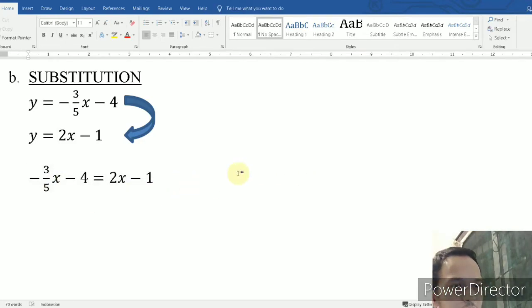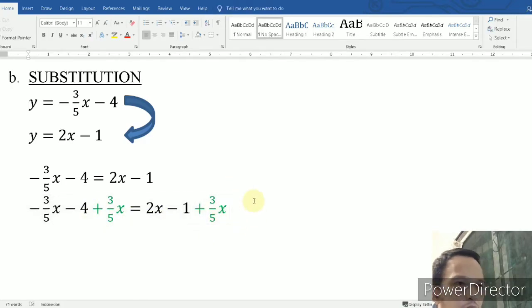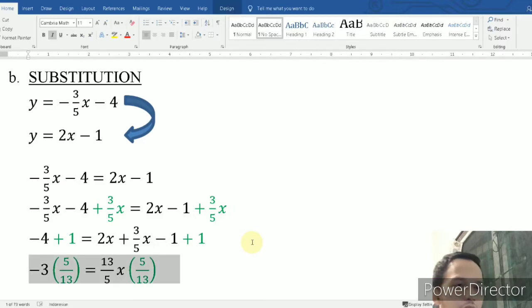So we have this statement, and we can find the x by isolating x. For this part, I will show you the complete steps. I will add 3/5 x to both sides, and after I simplify it, I will add 1 to both sides, and then I will multiply.